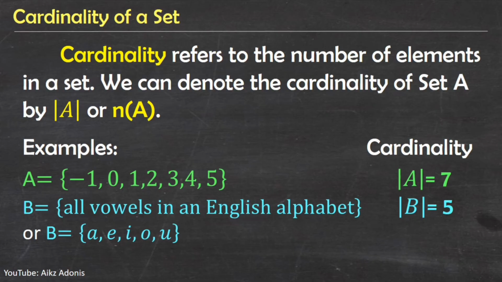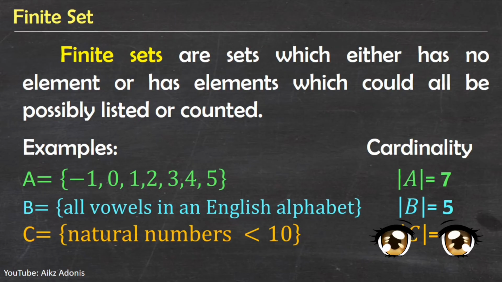Speaking of cardinality, we can only count the elements of finite sets. Finite sets are sets which either have no element or have elements which could all be possibly listed or counted. The first two examples a while ago are finite sets because we were able to count the number of its elements or its cardinality.